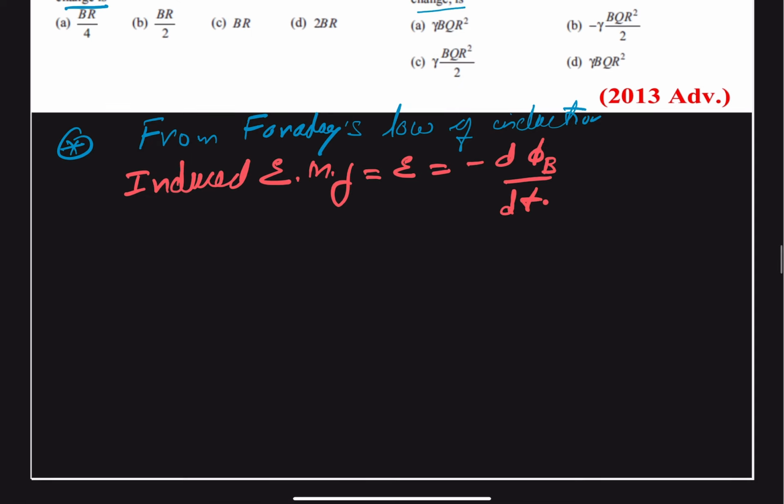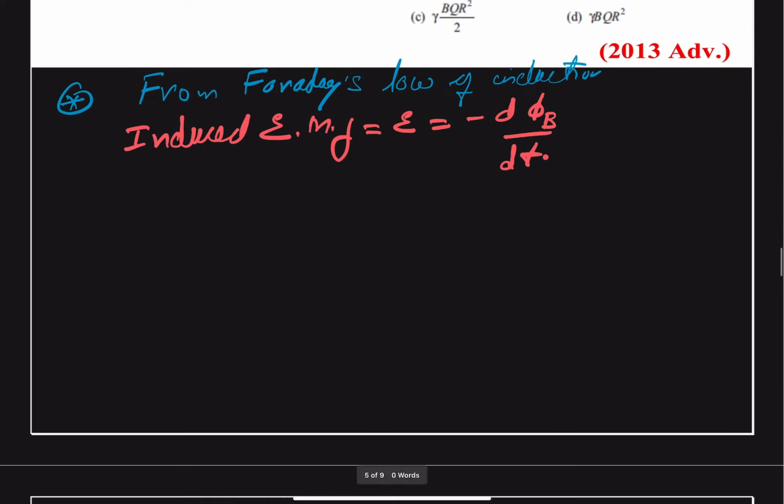And the magnetic flux is our phi B. We can say that our magnetic flux, which is phi B, will be equal to magnetic field multiplied by area, and radius is given as r, so therefore we can write this as B times pi r square.